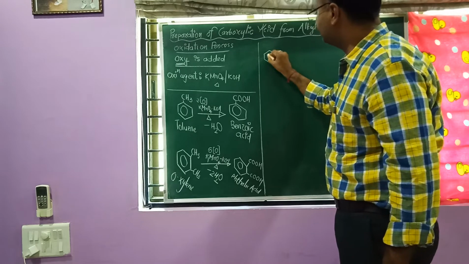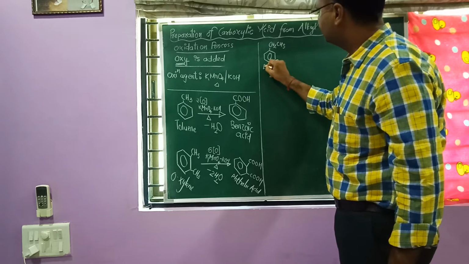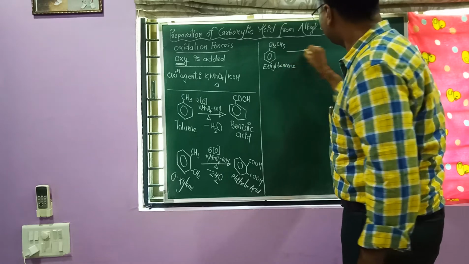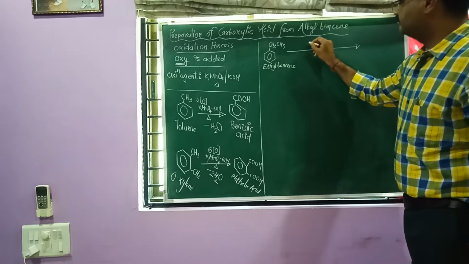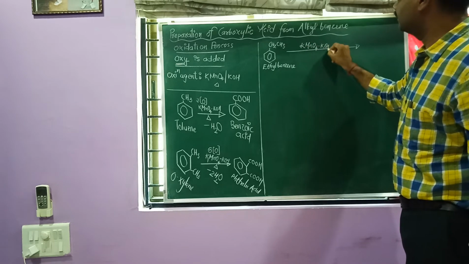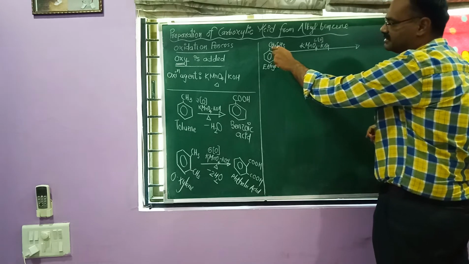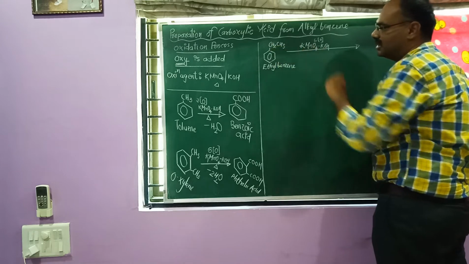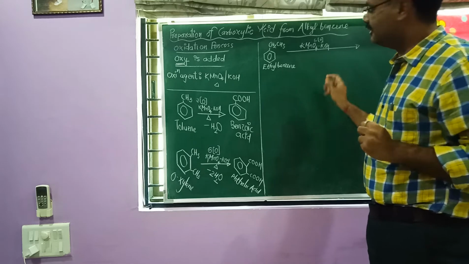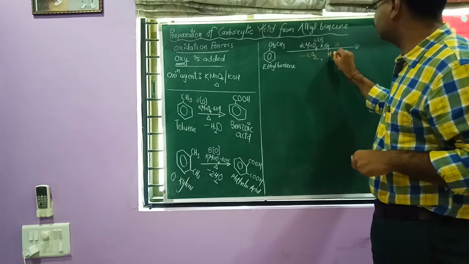Now we consider the example of ethyl benzene, CH2CH3. The name of this compound is ethyl benzene. Same oxidation process, KMnO4/KOH. Total 6 oxygen I will add. Here, 2 carbons are in the same alkyl group, so one will go in byproduct. That means we have carbon dioxide, CO2, and H2O as byproducts.